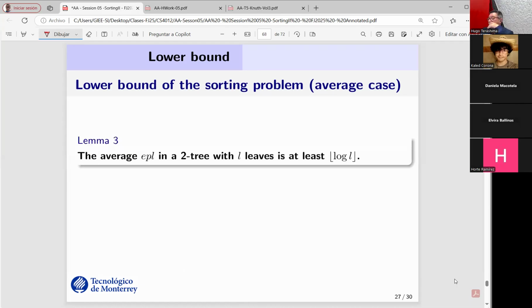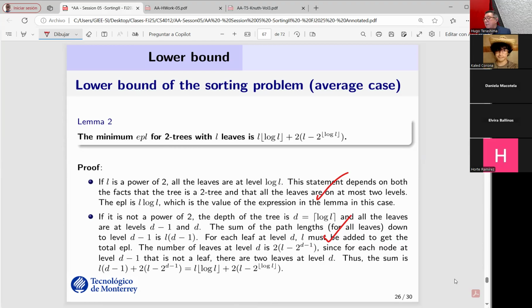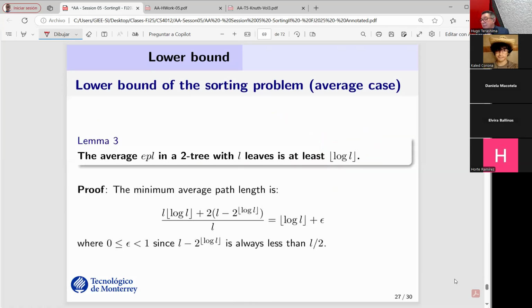Now, the average EPL in a 2-tree with L leaves is at least log of L. Okay, how do I demonstrate that? I have the expression here. You see this expression, L log L plus 2L minus 2 to the log of L. Divided by L, because I want to get the average EPL.